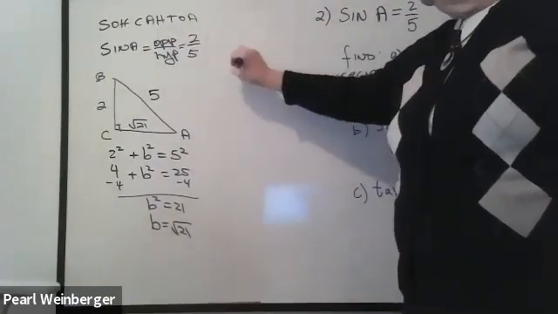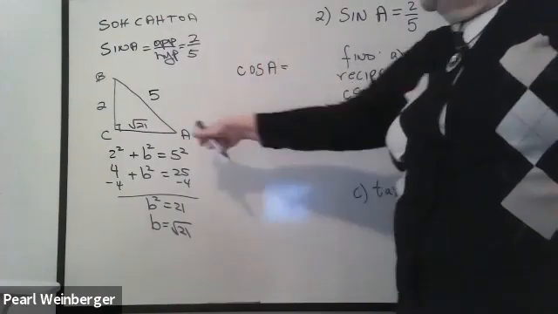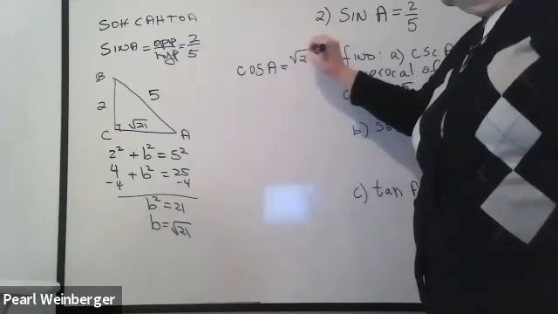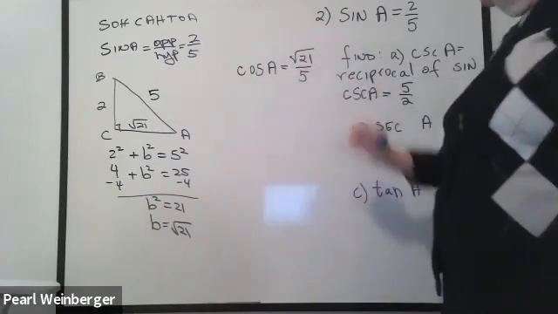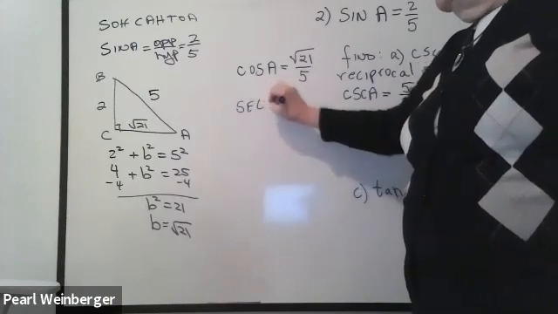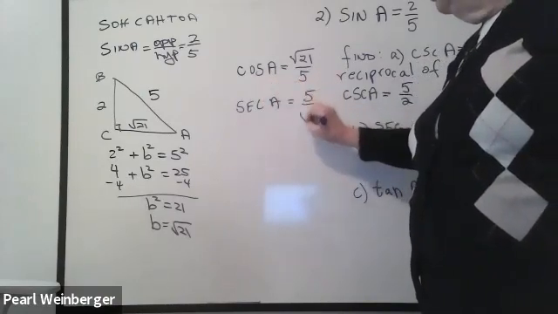Cosine stands for CAH, so cosine A is adjacent over hypotenuse, which is the square root of 21 over 5. Which means then that the secant of A is 5 over the square root of 21.